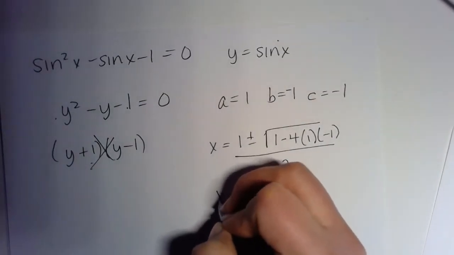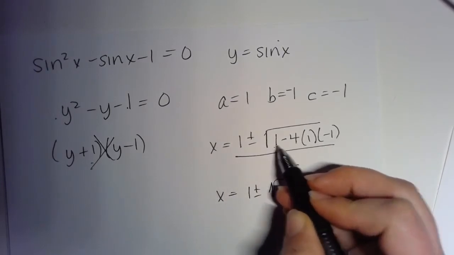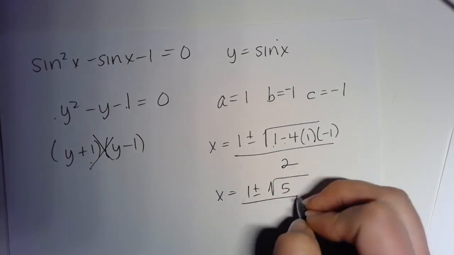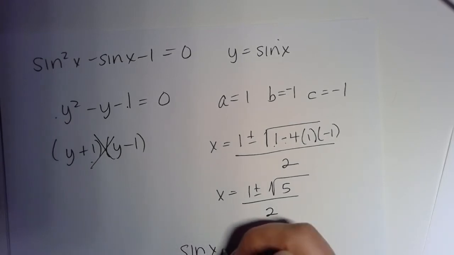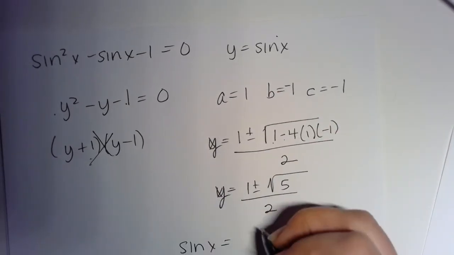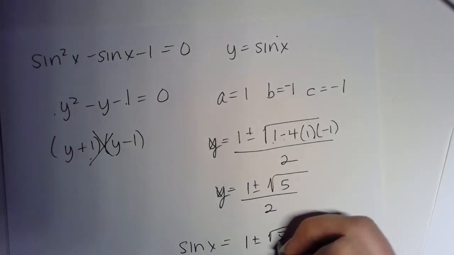So my x will be x equals 1 plus or minus the square root of, this will become 1 plus 4 because of this minus sign, so this is the square root of 5 over 2. Okay, so basically now I have that the sine of x is equal to, oops, sorry, this should have been y, because I had it in y. So sine of y is equal to 1 plus or minus the square root of 5 over 2.